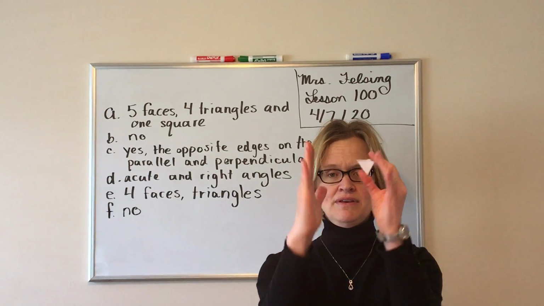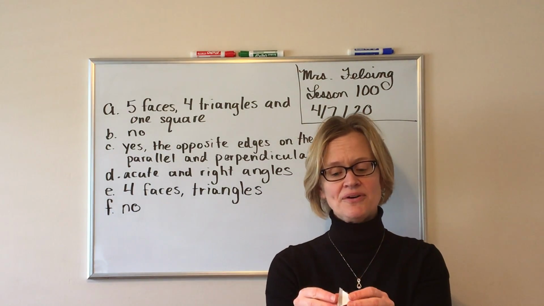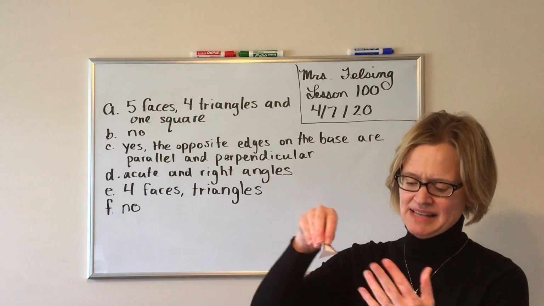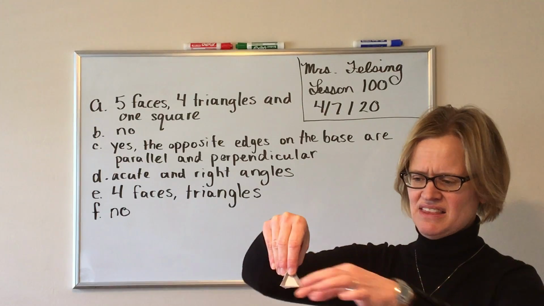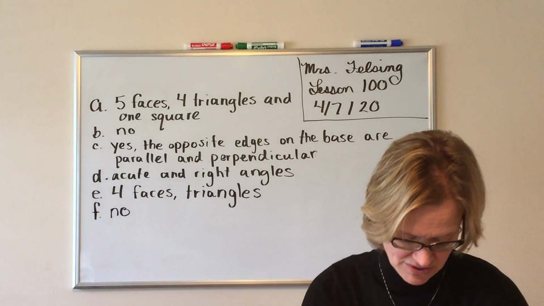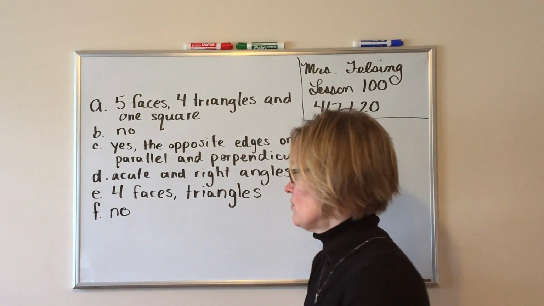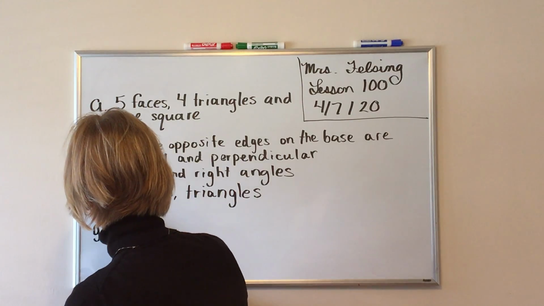Remember, parallel, they run like railroad tracks. Perpendicular, they form a 90-degree angle. Well, I'm looking here, and last time when we looked at the base, we could do that. But I'm looking here, nothing, because they all come together. They all run into each other. So our answer for G would be no. So that's definitely a difference between those two.